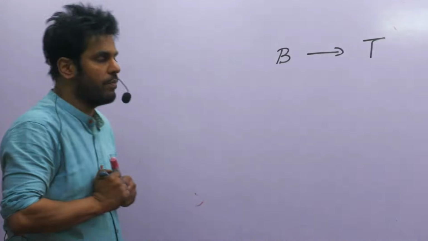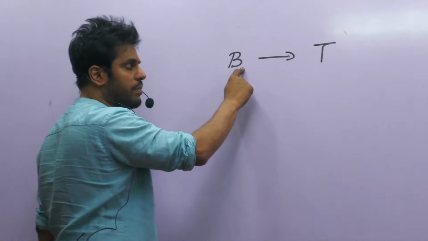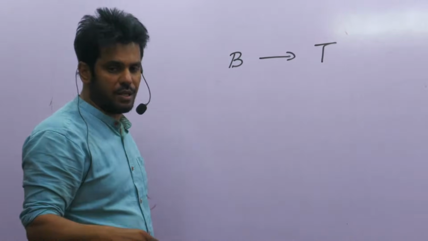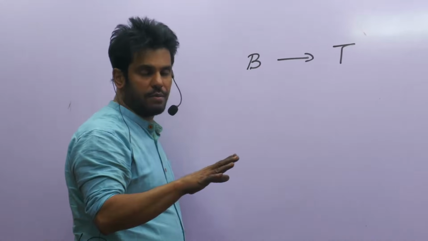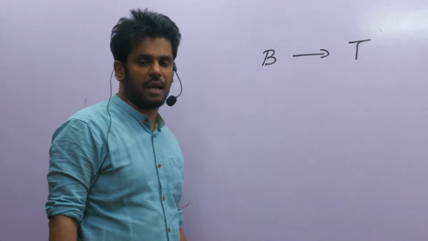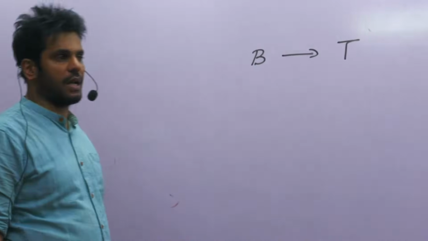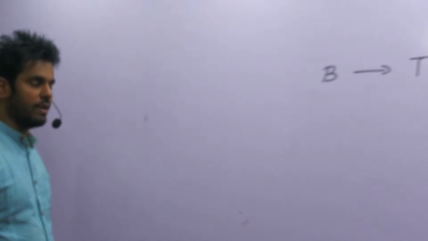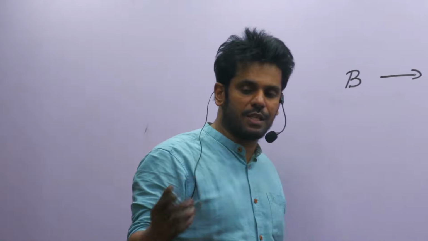I will write B: magnetic flux density or magnetic field intensity or magnetic field, measured in Tesla, capital T. Magnetic field, or magnetic flux density, is measured in Tesla.